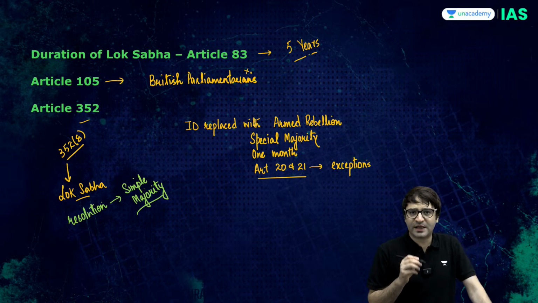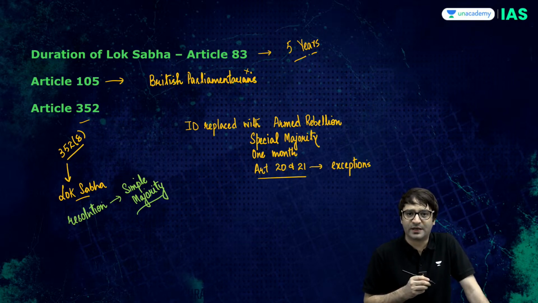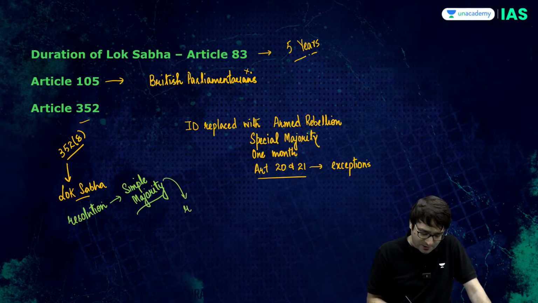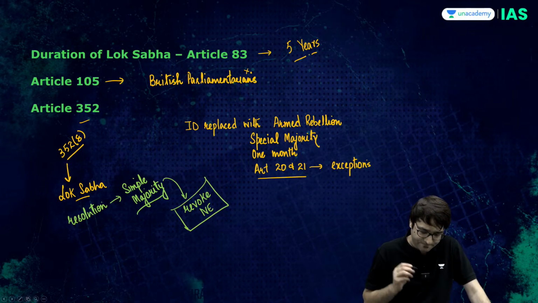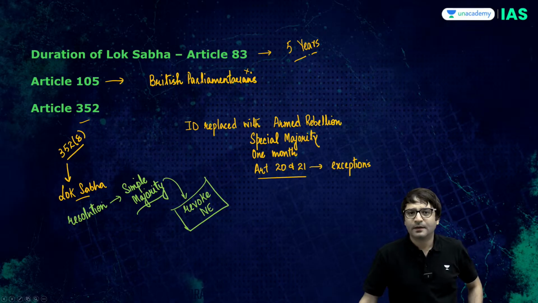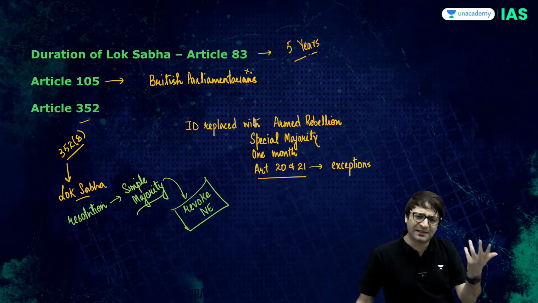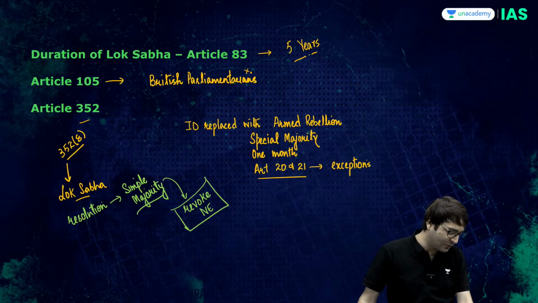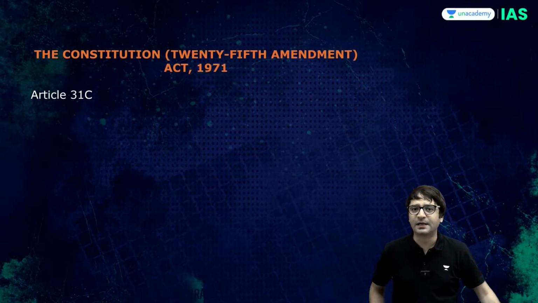If you pass a resolution, and this resolution is passed by simple majority, it is a statutory resolution and it is binding on the President to revoke national emergency. Clear? So there were other changes as well, but these were the broad changes that were made because of the 44th Constitutional Amendment Act.